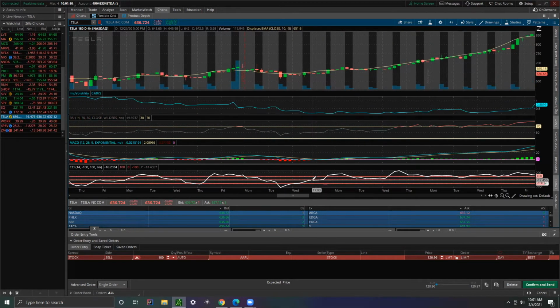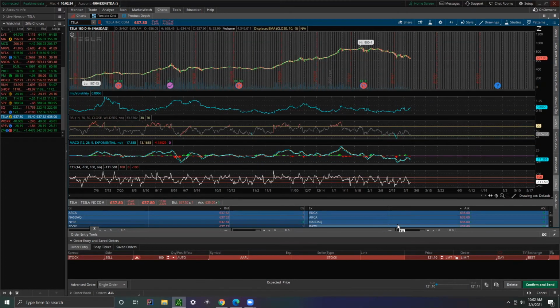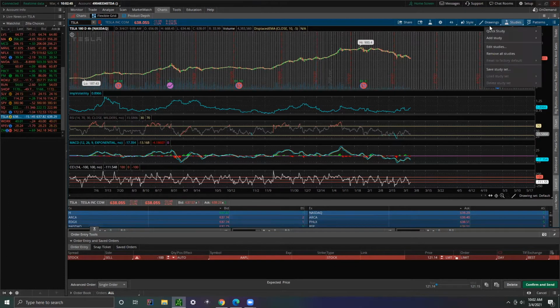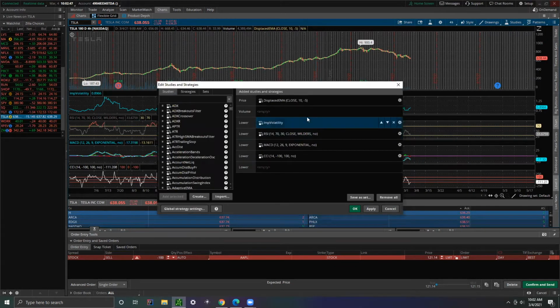So the closer the CCI is to +1, the stronger the price momentum is upwards. Conversely, the closer the CCI is to -1, like down here in this case, the stronger the price momentum downwards.